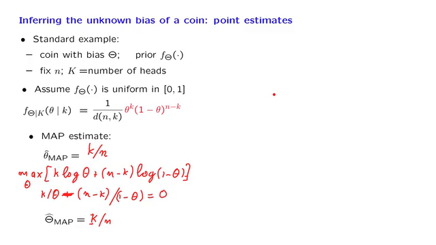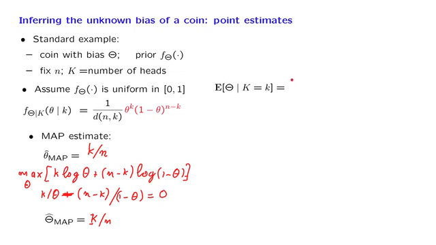And let us now compare with an alternative way of estimating theta. We will consider estimating theta by forming the conditional expectation of theta given the specific number of heads that we have observed. This is what we call the LMS, or least mean squares, estimate.